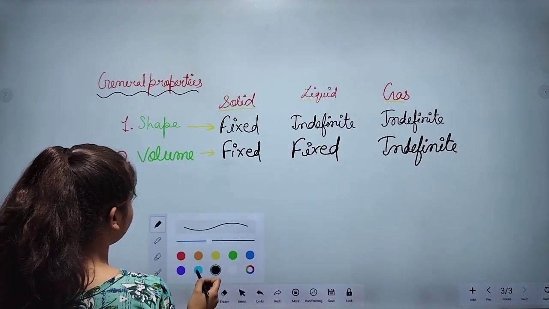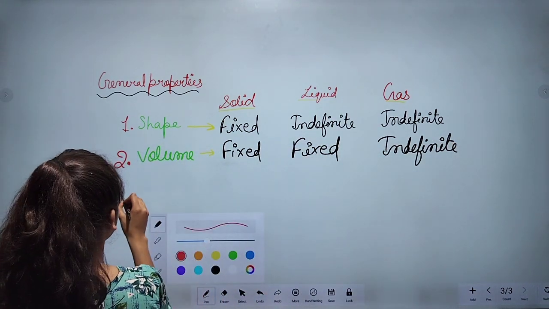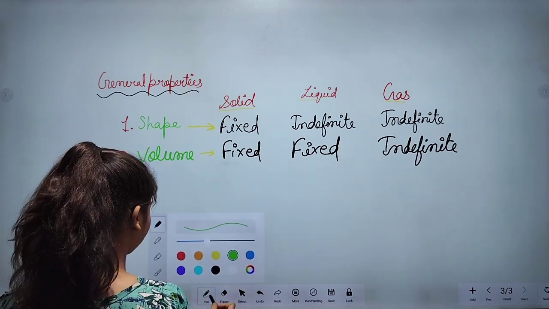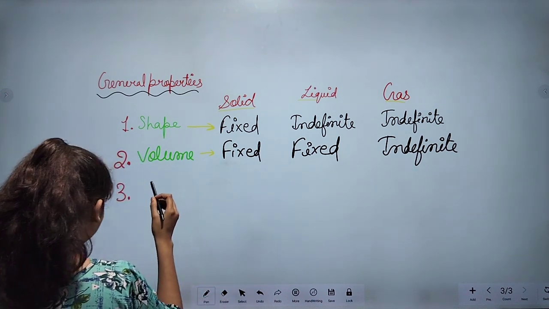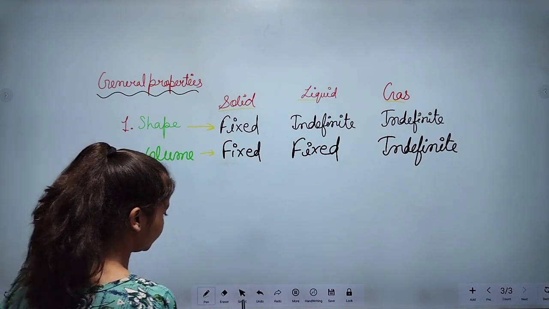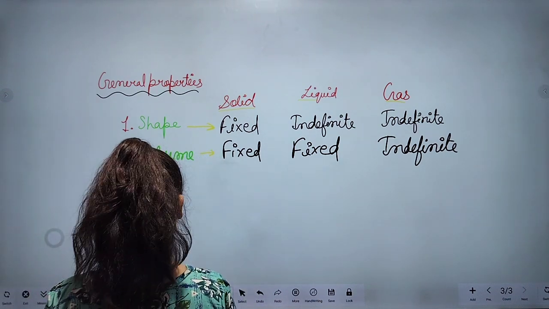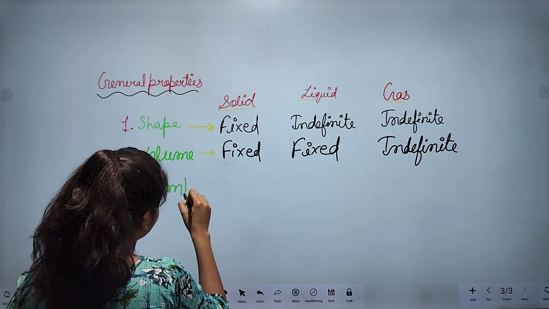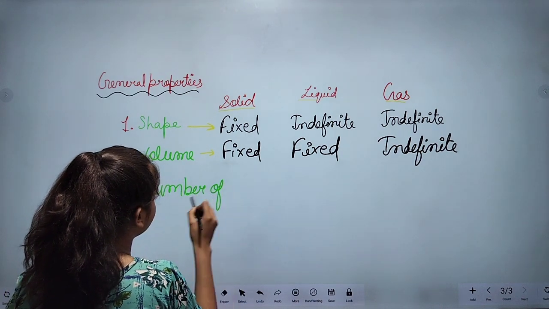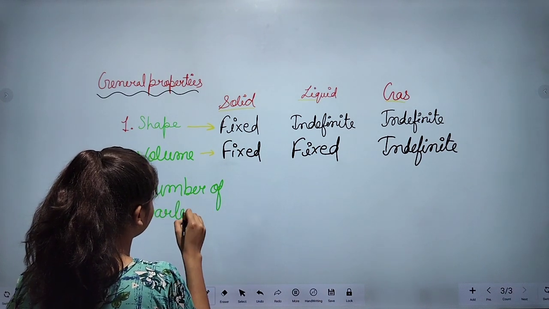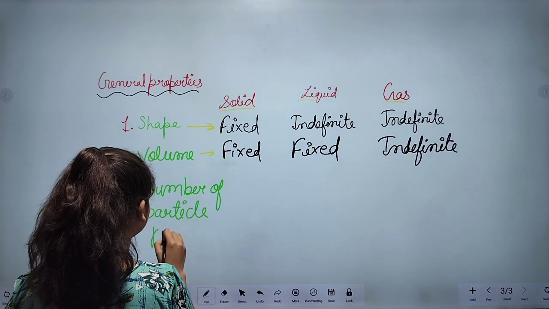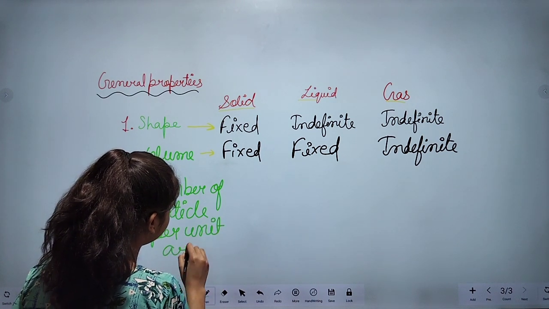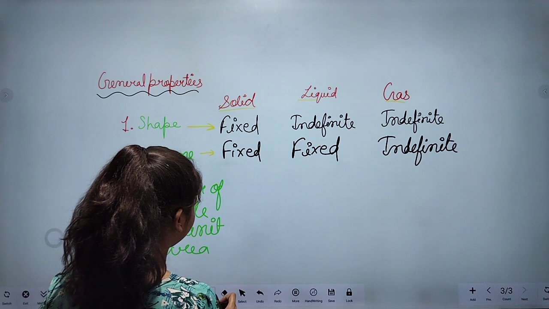Now our next property is number of particle per unit area.